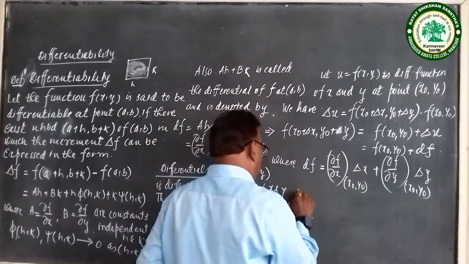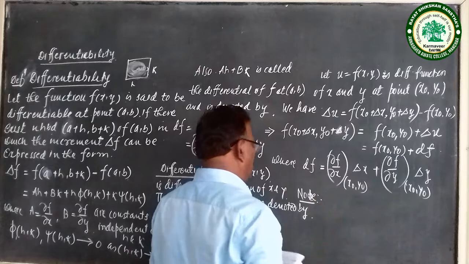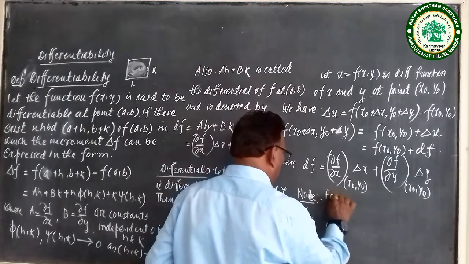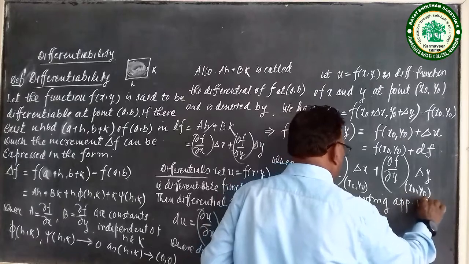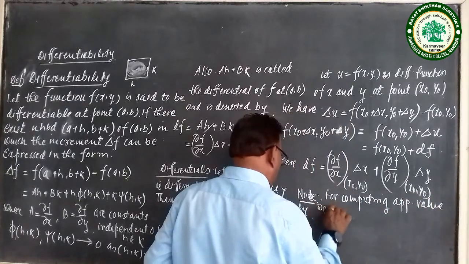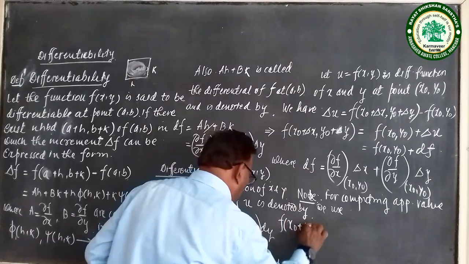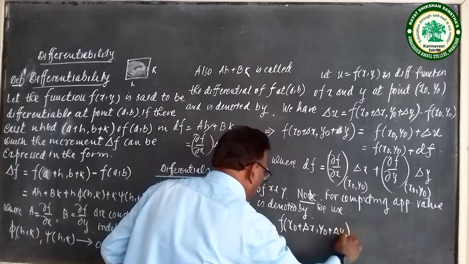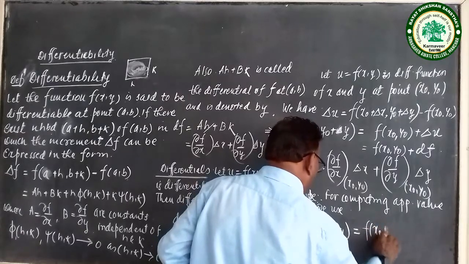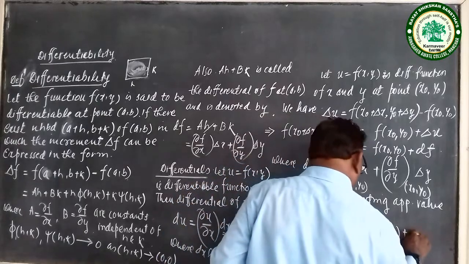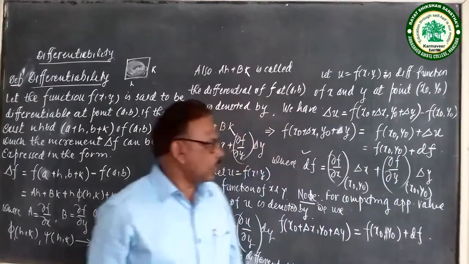While solving problems, we should use this formula for computing the approximate value: f(x naught plus delta x, y naught plus delta y) is equal to f(x naught, y naught) plus df, and df is given here as the partial derivative with respect to x and the partial derivative with respect to y.